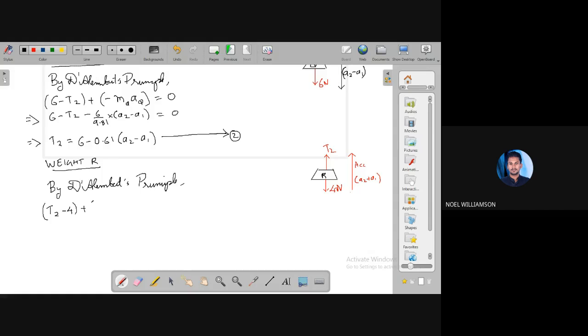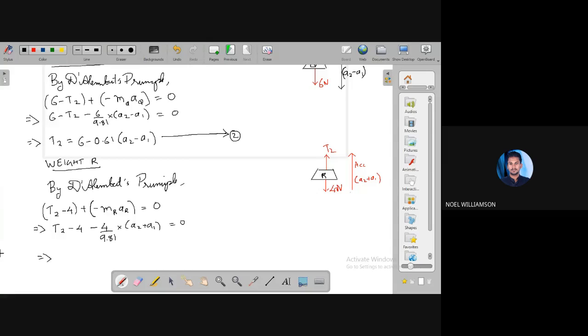The inertia force is minus ma, that is minus mr into ar, equal to 0. That implies T2 minus 4 minus, instead of mr, W by g, that is 4 by 9.81, into ar, which is A2 plus A1, equal to 0.